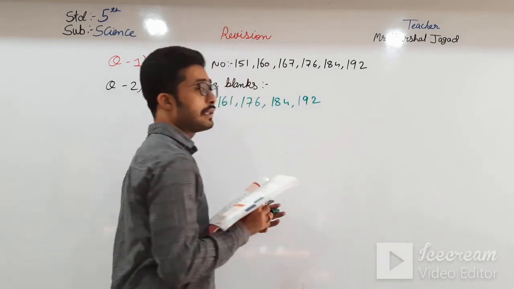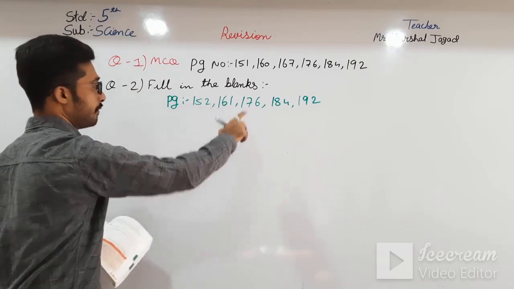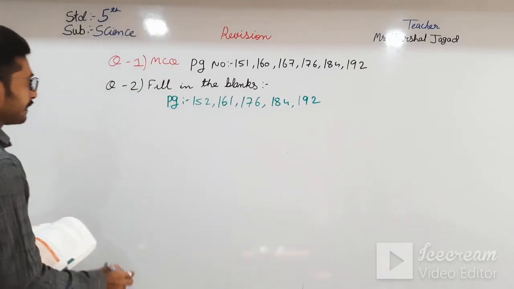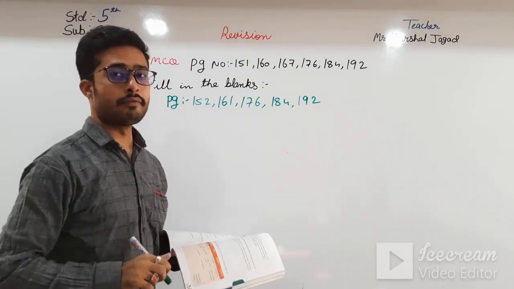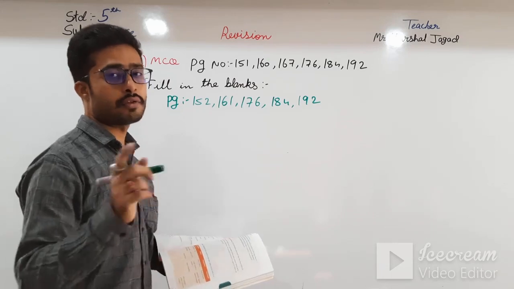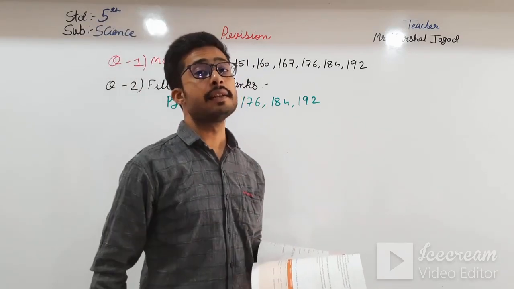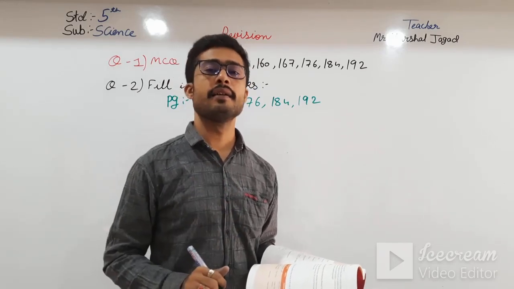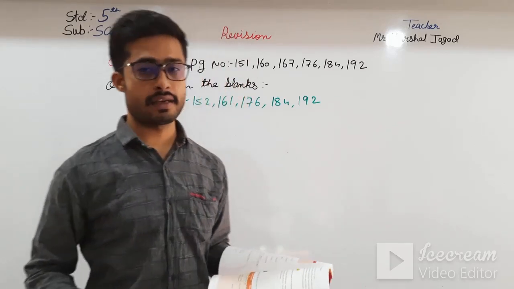So these are the page numbers of fill in the blanks. In the third chapter there is no fill in the blanks, so I can ask from inside the chapter. It will be easy, you can easily answer that; I have asked only one from inside the chapter.